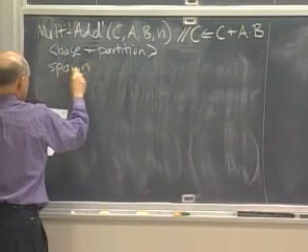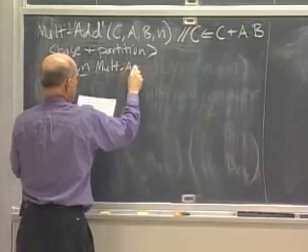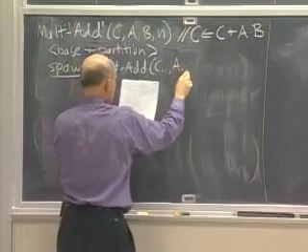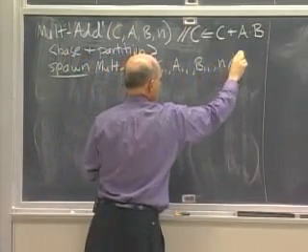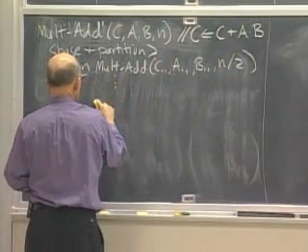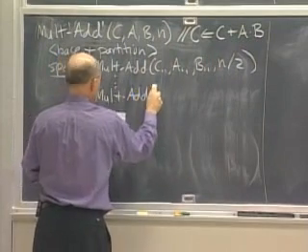And then we spawn a multadd of C11, A11, B11, and n over 2. And we do a few more of those down to the fourth one.